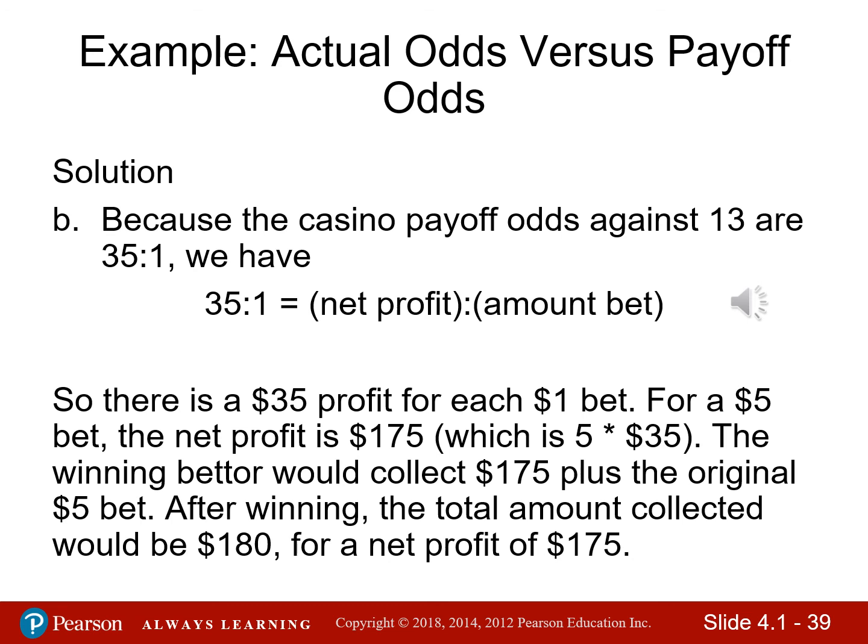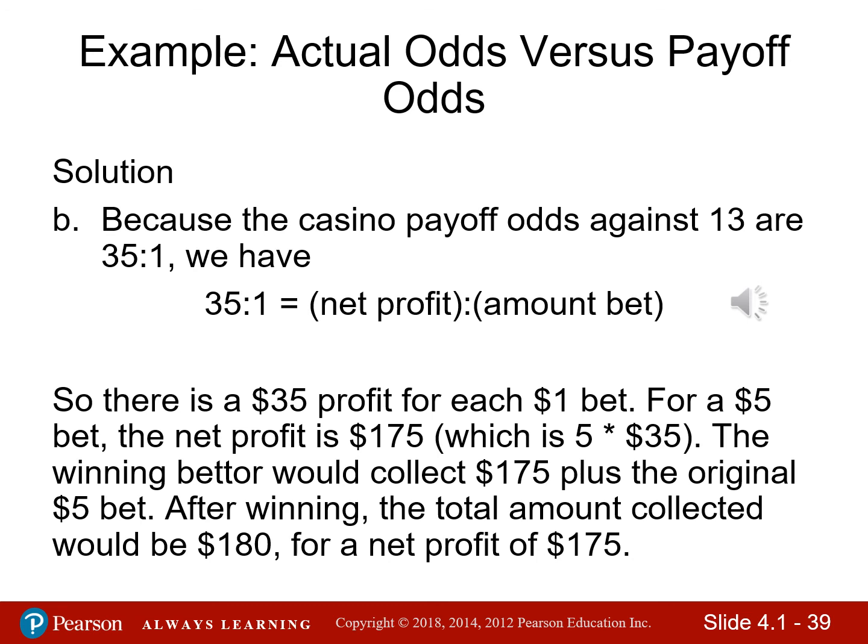How much profit would you make if you win by betting $5 on 13? We know that the casino payoff odds against 13 are 35 to 1. And so we have 35 to 1 odds are the net profit to the amount bet. So there is a $35 profit for each dollar you bet.